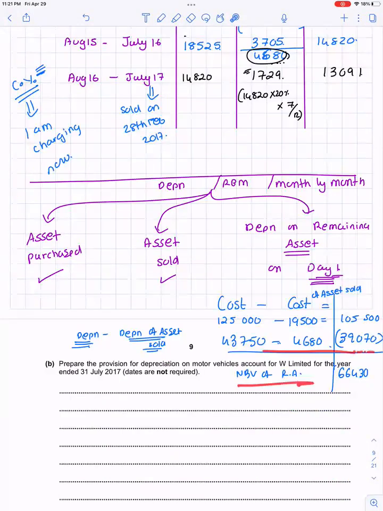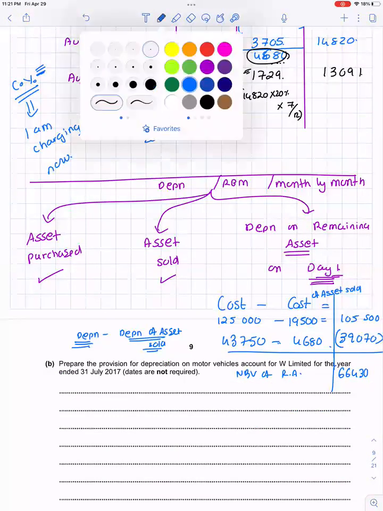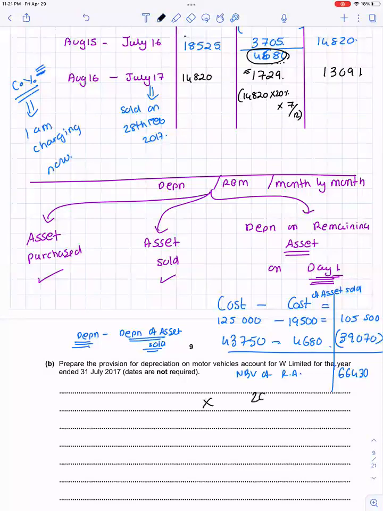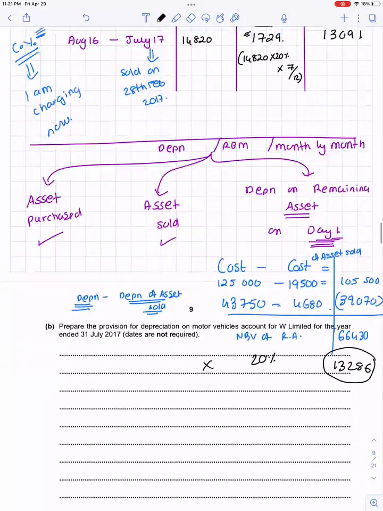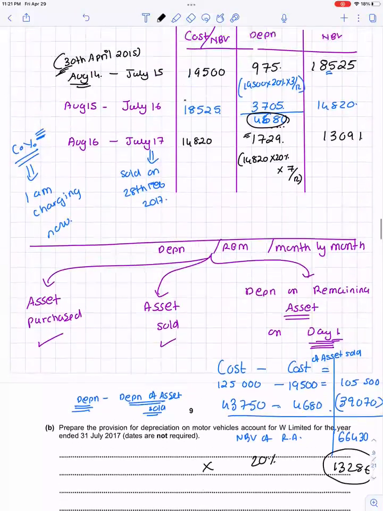So I will get net book value of remaining assets on day 1, that is at the beginning of the current year. On this, remove 20%. This is the total depreciation of the remaining assets of the current year, 13,286.